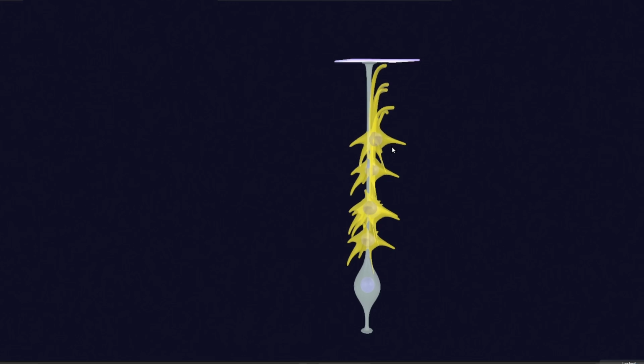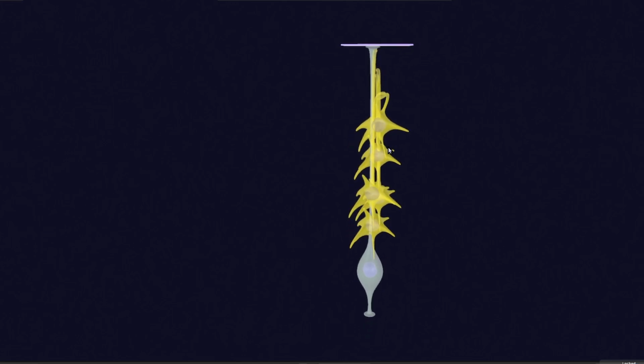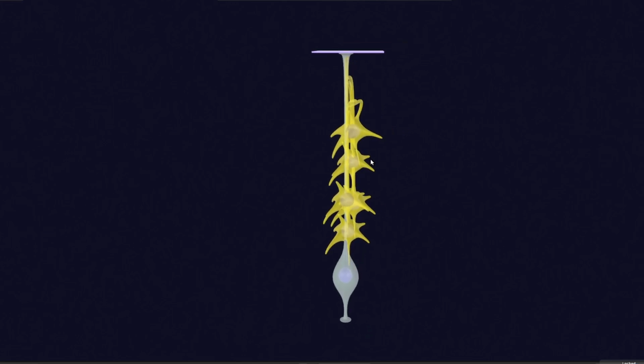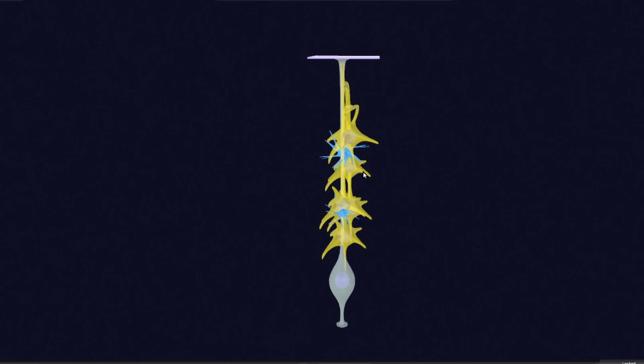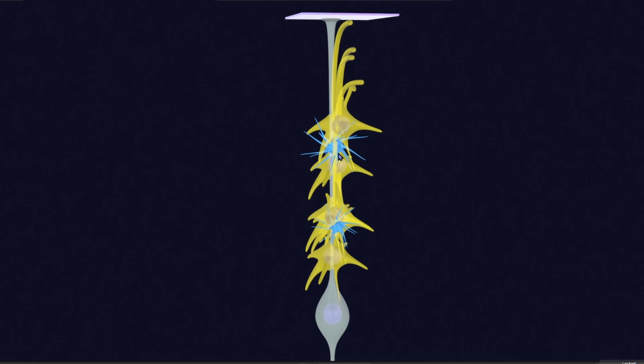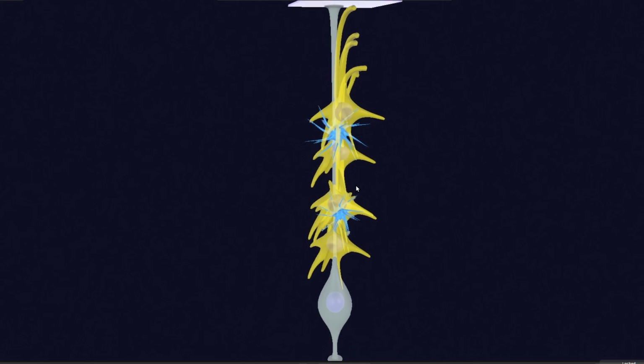So they will form cells that will form the macroglia of the central nervous system. The important one being the astrocytes. These star-shaped cells are called astrocytes.